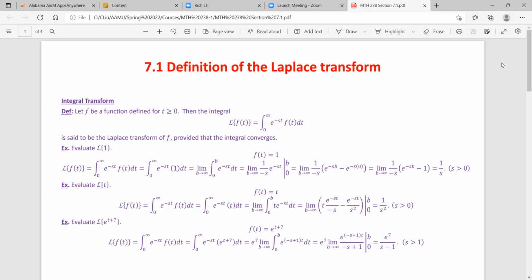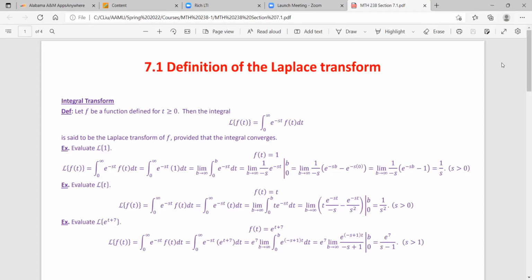So at the end, you get a function of s. We call this result, this improper integral by the way, script L of f(t), to mean it's the Laplace transform of the function f.